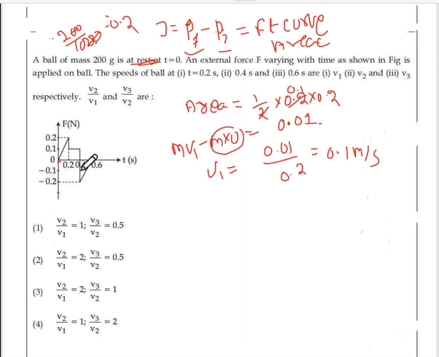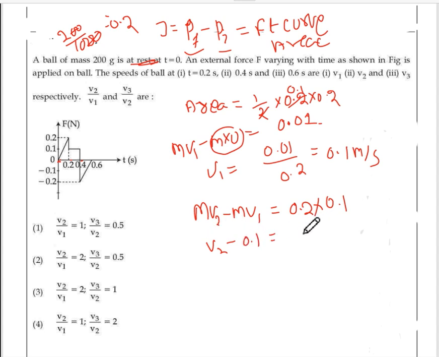Now for v2, the object goes from 0.2 to 0.4. So similarly, I take m v2 minus m v1 as the area. The area will be 0.2, its length, into height 0.1, so the area is 0.02. Taking mass as common, v2 minus v1, and in place of v1 I put 0.1.